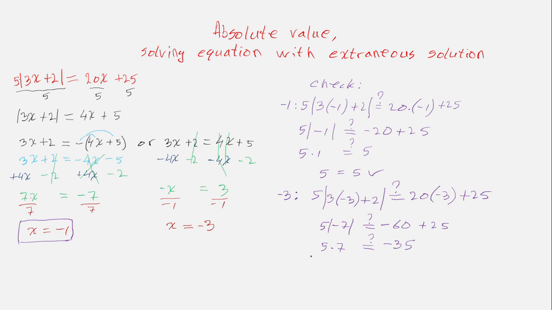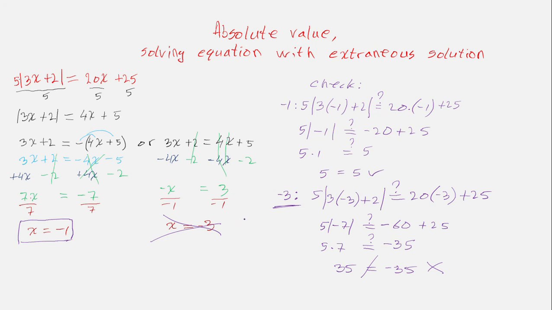And then 5 times 7 is positive 35, which is not equal to -35, right? It's not equal, which means this choice right here, -3, did not work. So -3 is actually not a solution of the problem.